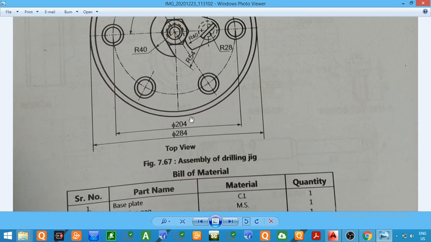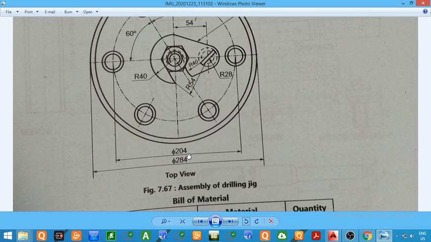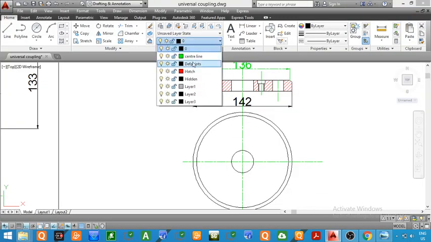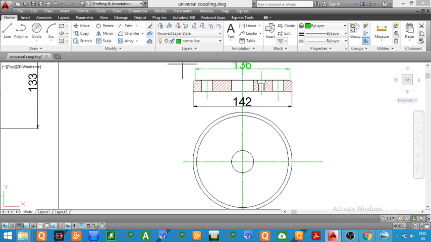The diameter of the pitch circle was equal to 204. But instead of 204, we have taken 102, half of 204. So now we will draw in the top view a pitch circle of diameter 102 mm from the center. This is a circle on which the centers of the 6 holes will lie, that is these holes.